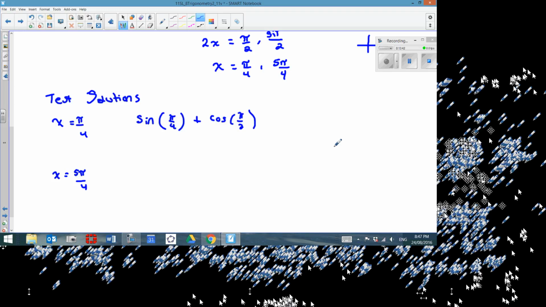So again, sine at pi over 4, remember that's a 45-degree reference angle, so you're looking at your 1, 1, root 2 triangle. So sine would be 1 over root 2 plus cosine at pi over 4 would also be 1 over root 2. So 1 over root 2 plus 1 over root 2, we're looking at 2 over root 2.